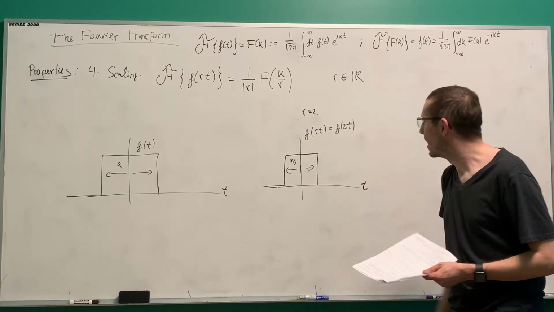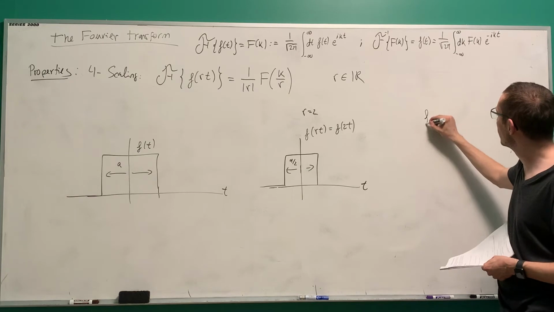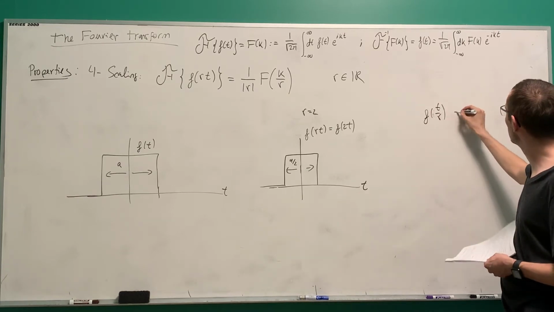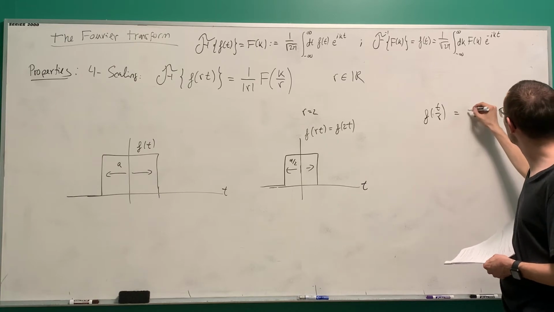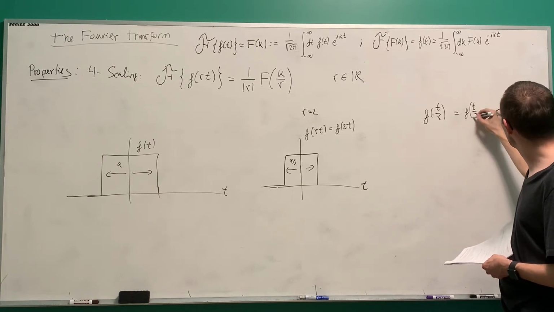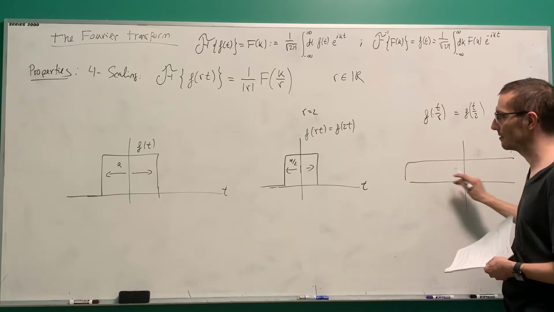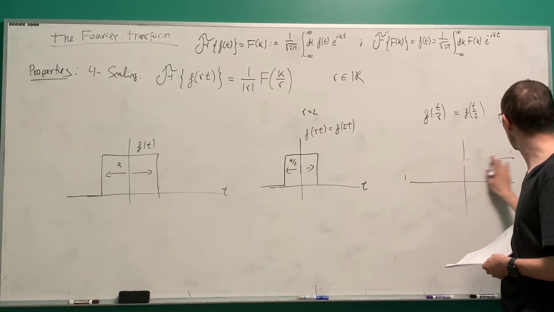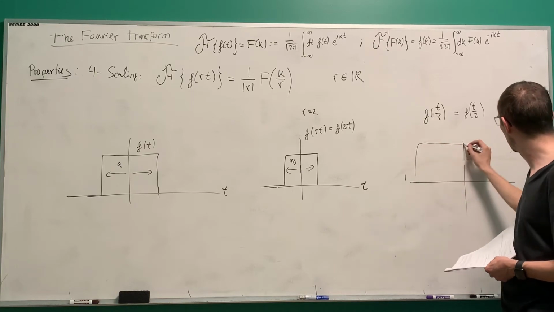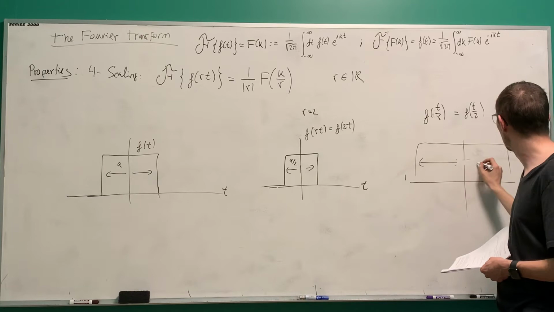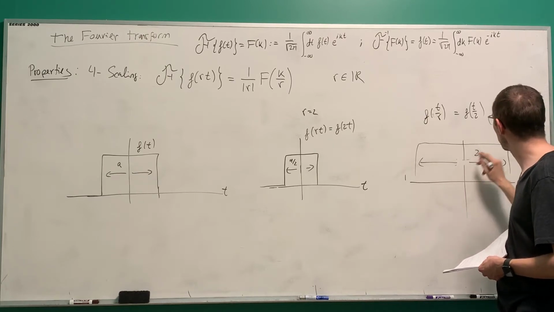This is t. And likewise, if I have a function f of t, and now I divide by r, when r is equal to 2, so that is f of t over 2, that expands. What I have now is double that, so it expands like that, and the width, as I wrote it before, is 2a.